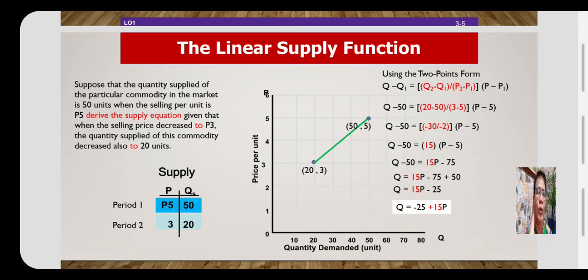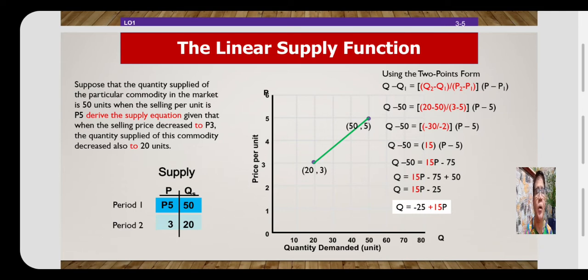We will retain those variables without a subscript, so that if we substitute these given values to those variables with the subscripts, we can have this equation. Quantity minus Q1 of 50 is equal to Q2 of 20 minus Q1 of 50 all over P2 of 3 minus 5 of P1, and then P minus P1 of 5.